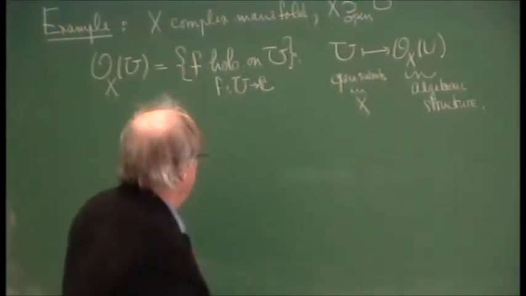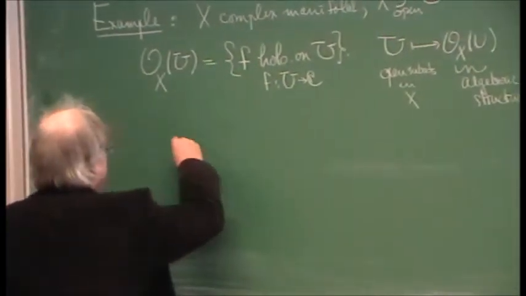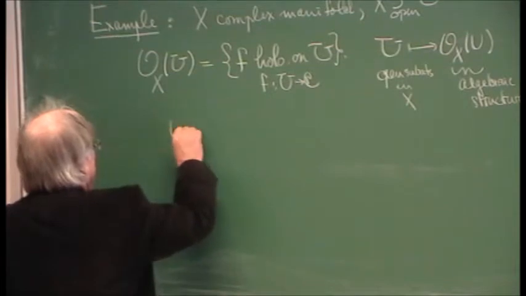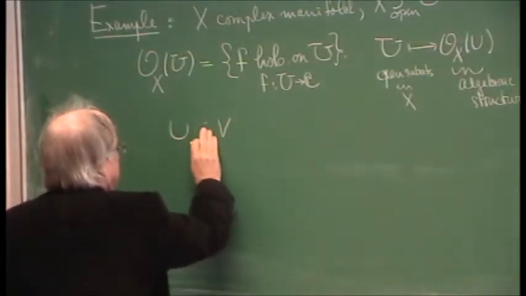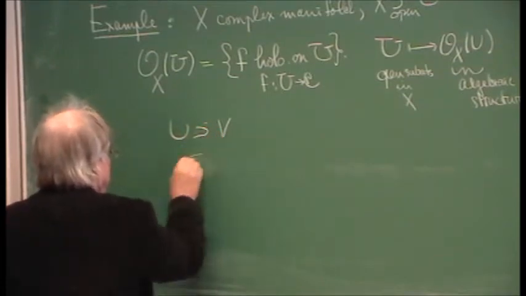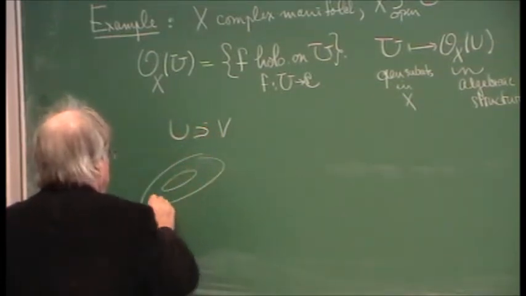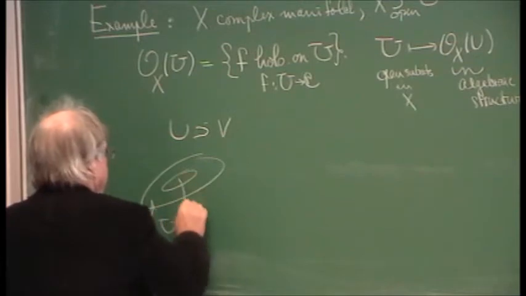So, as you know, there is an operation on sets. If U is contained in V, no, I want to make it the other way around. U contains V. Something like this. U is greater than V, say.